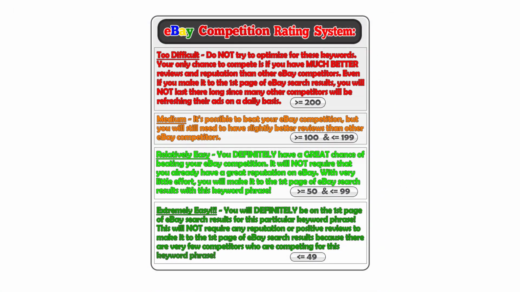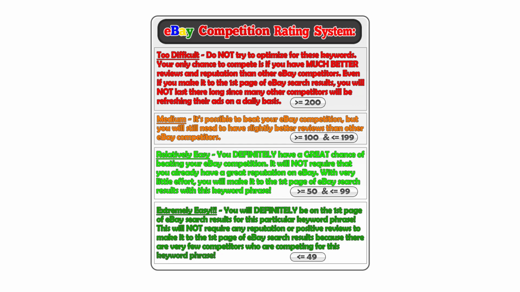Now, let me just say this first, that if you really follow this chart here, then I'm guaranteeing you that you'll definitely place in high rankings on the first page of eBay search results, as plenty of my clients from both Etsy and eBay have followed this chart to improve their rankings and increase their sales. This chart has helped many, many people. So I say that you should definitely give this chart a try.